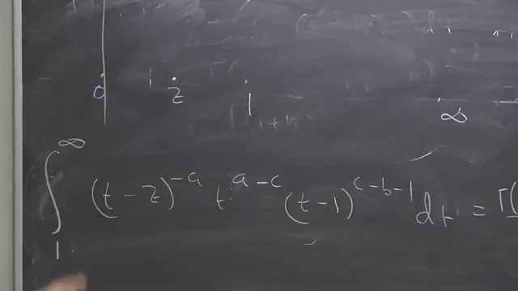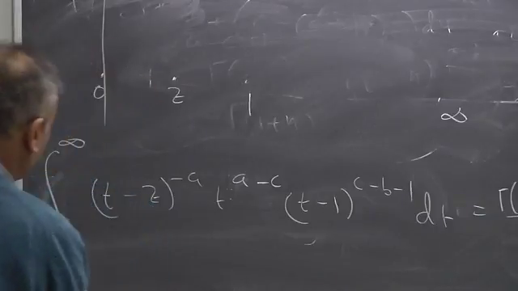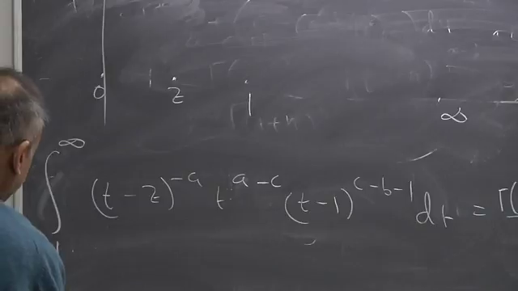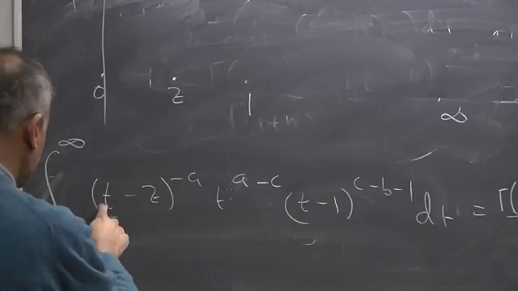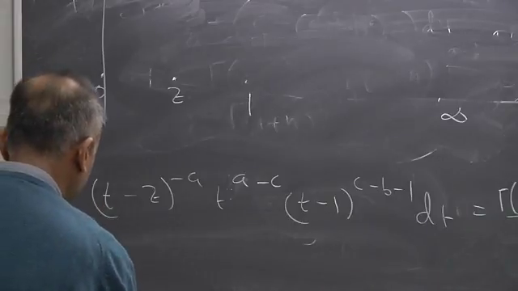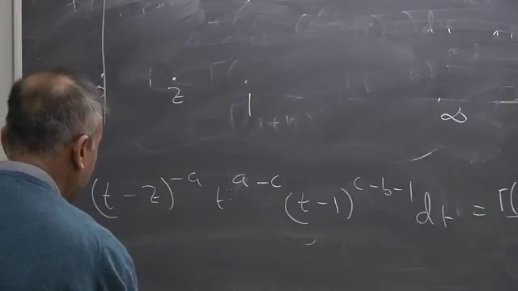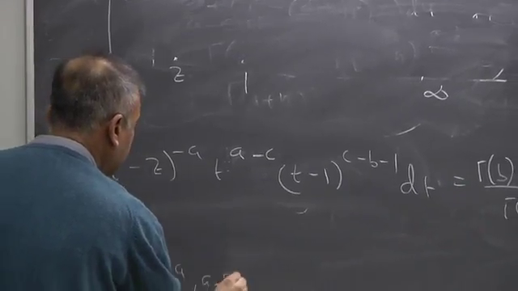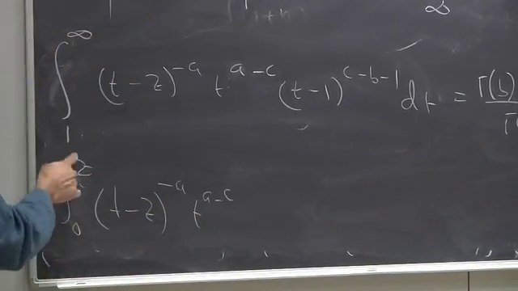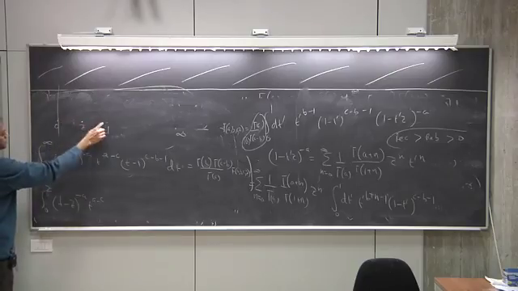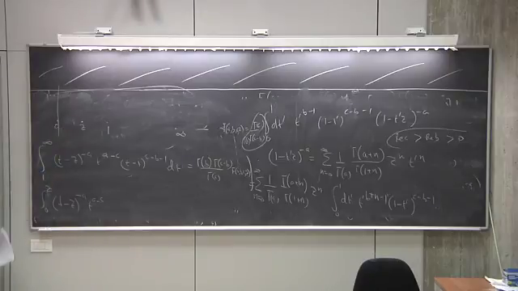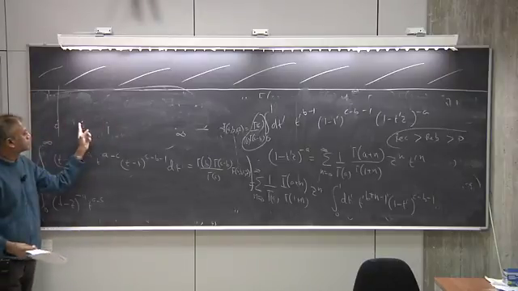So, for example, let's just do 0 to z. Again, I'm not going to worry about the overall constants. This is basically t minus z to the minus a, t to the a minus c. I will take z to be between 0 and 1, for convenience, putting everything on the real axis.